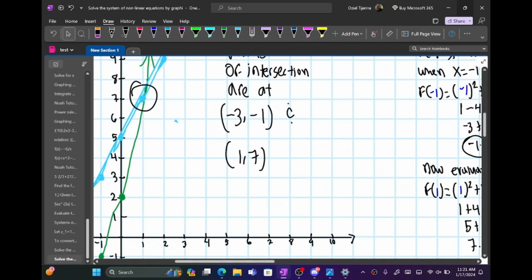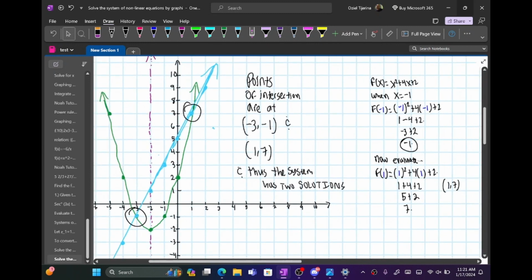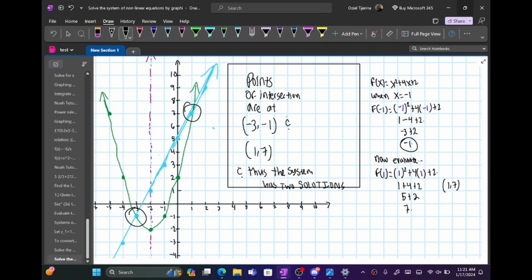And thus the system has two solutions. And that is going to be the final answer to this problem, guys. The only reason why this is so lengthy is because we have to understand how to graph the linear one as well as the quadratic.